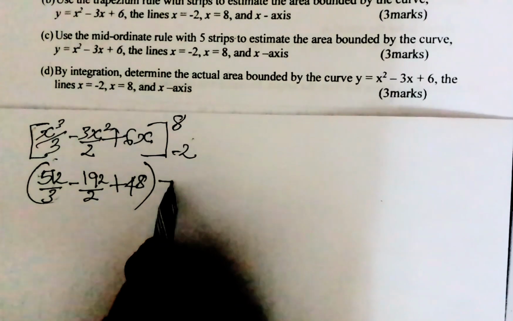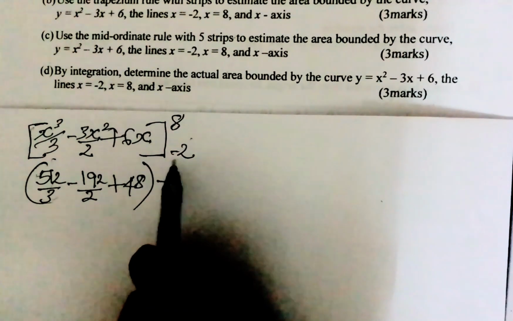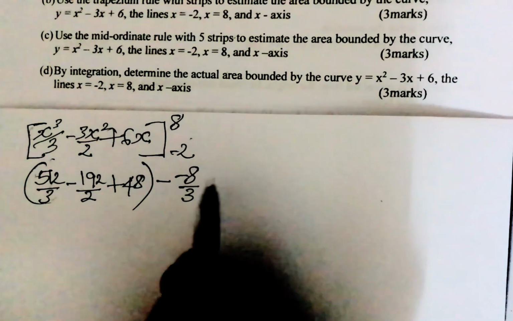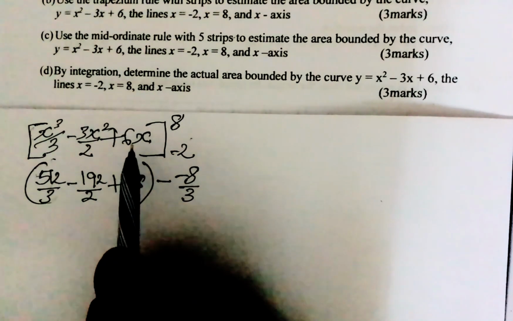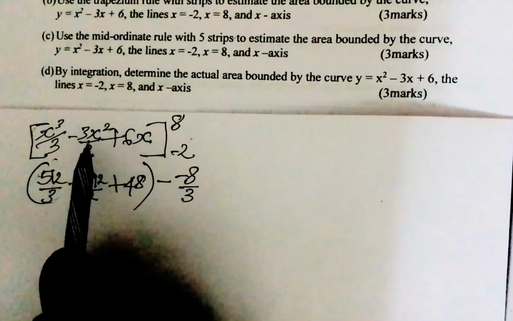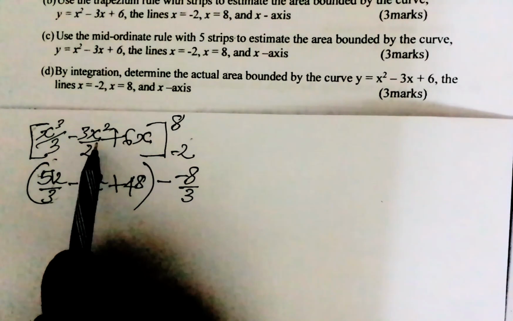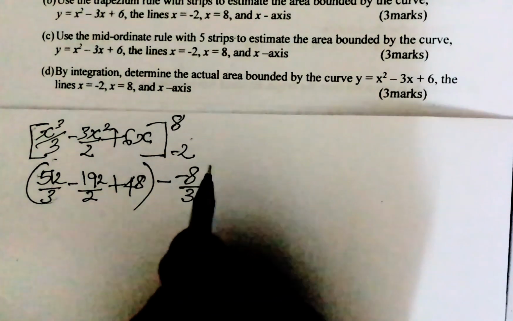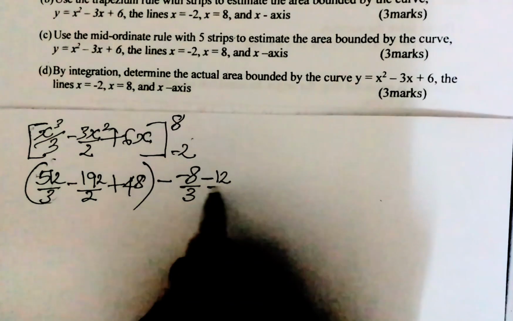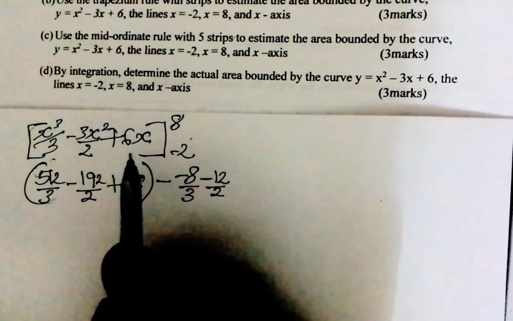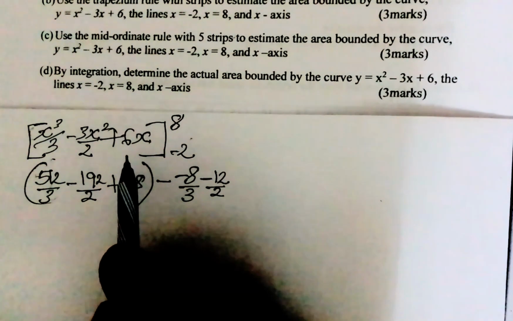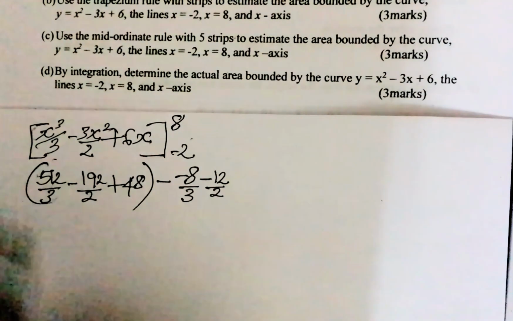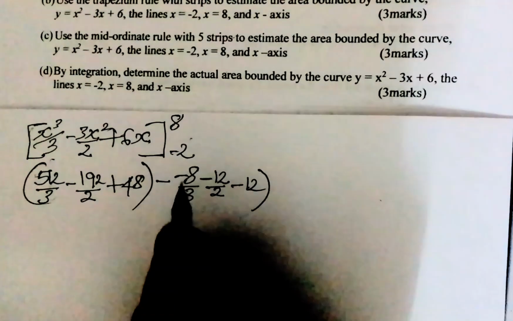The whole of that minus negative 2 cubed, which gives us negative 8 over 3, then 3 times negative 2 squared, negative 2 squared is positive 4, negative 3 times positive 4 gives negative 12 over 2, and then 6 multiplied by negative 2, which gives negative 12.